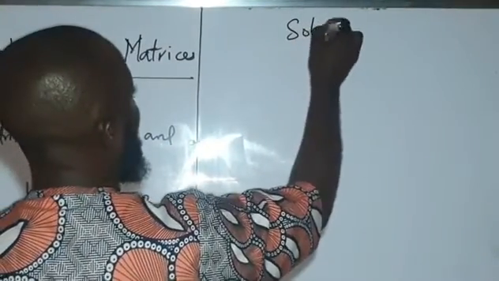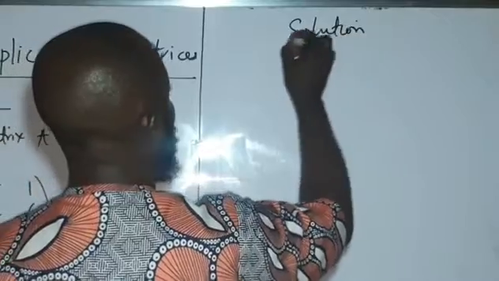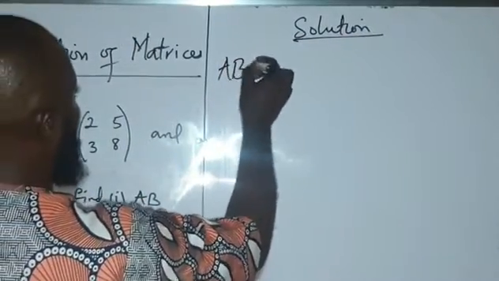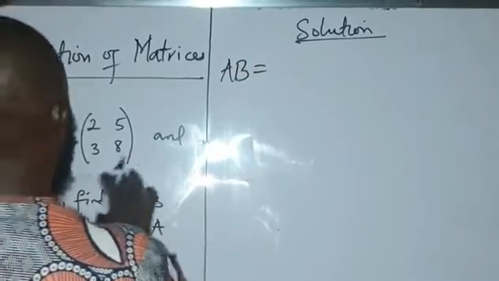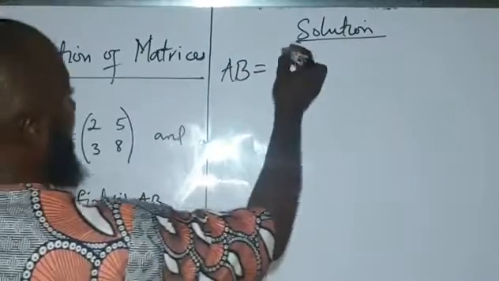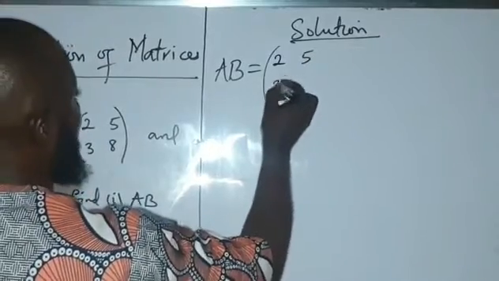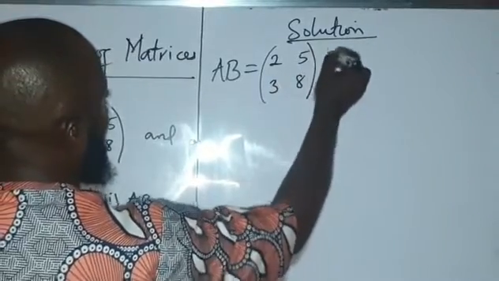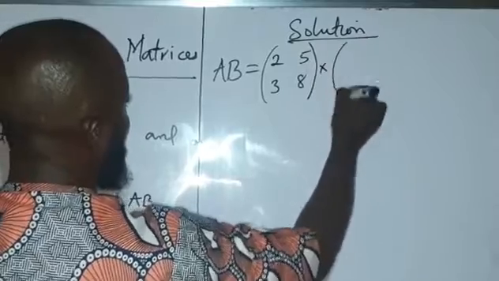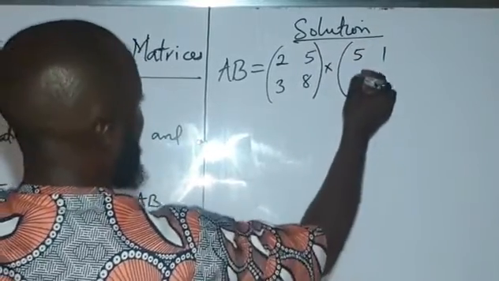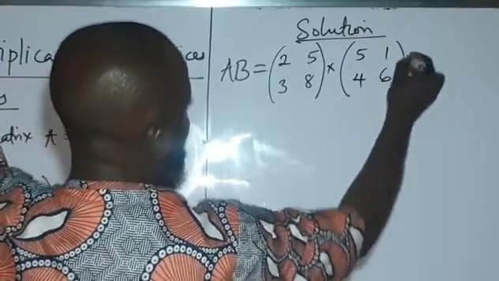Solution. AB will be equal to the first one, which is A, here 2, 5, 3, 8, multiplied by 5, 1, 4, 6.